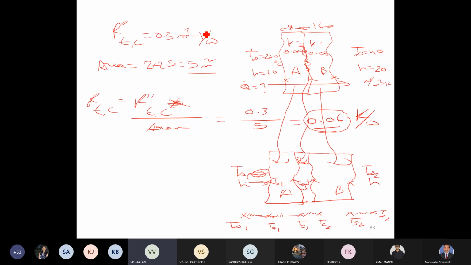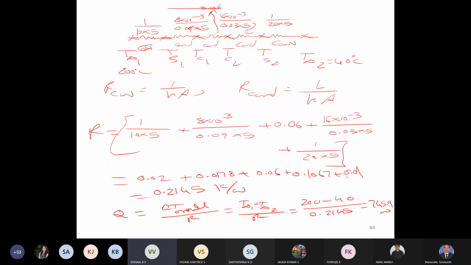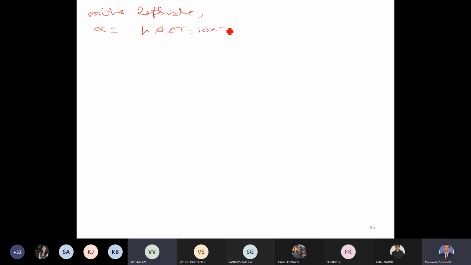On the left side, the heat transferred Q is equal to hA delta T. h is given in the problem as 10, multiplied by area 5, multiplied by delta T, which is 200 minus TS1.